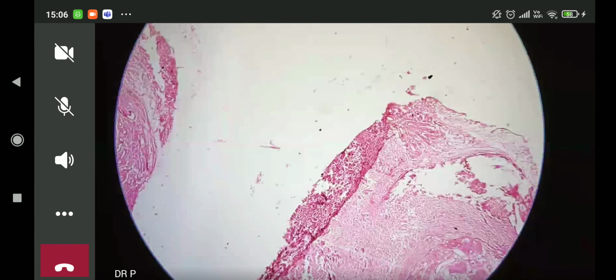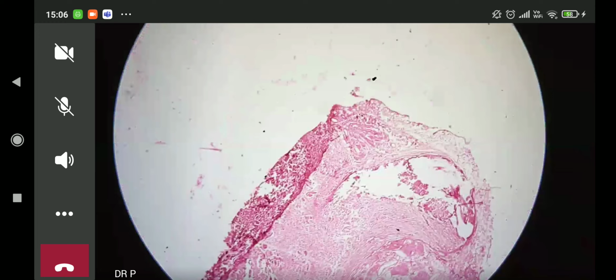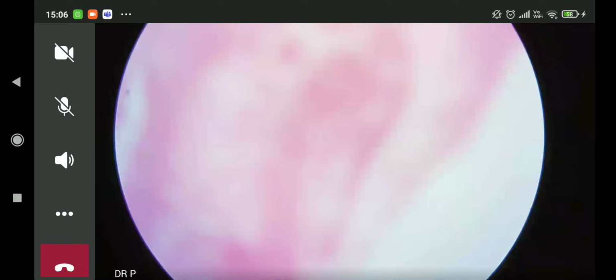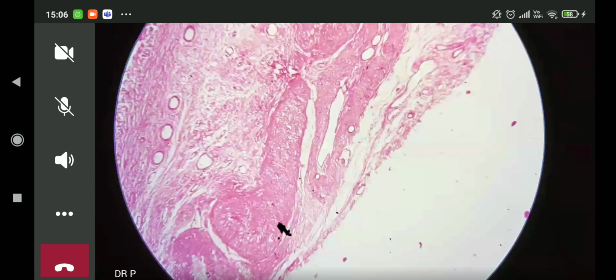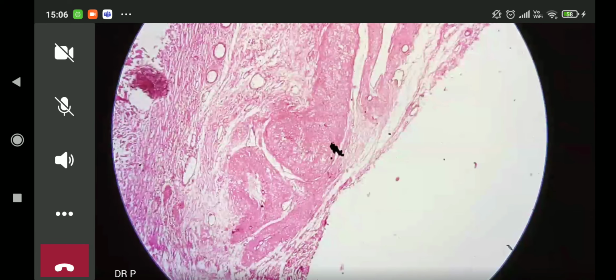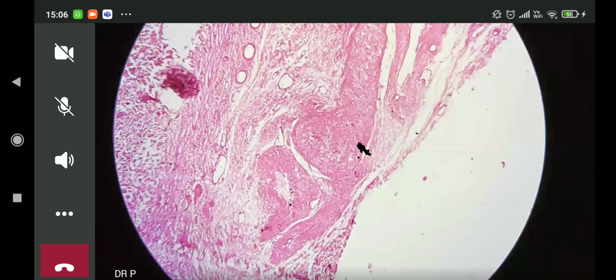What do you think this is? Any guesses? Point center. Fat looking thing. What is this? There are some holes.